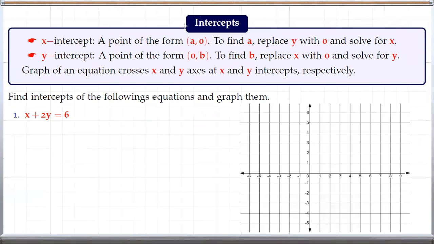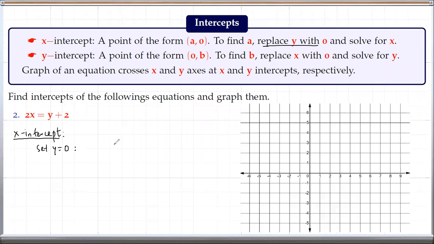Now let's look at another example. So here we are given the equation 2x equals y plus 2. Again, to find the x-intercept, we set y equals 0, like it says here.